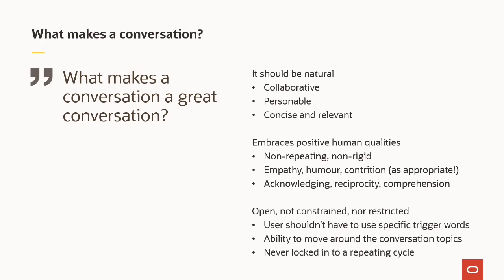Things like empathy and humor are a little bit of a dangerous area, as we showed earlier. You've got to know exactly what you're saying great or wonderful to, or cracking a joke around. So that has to be used with caution, but it can form part of your bot persona if that's what the brand requires. And little things like acknowledgement, and we'll show some examples of this, and comprehension, knowing that someone is understood.